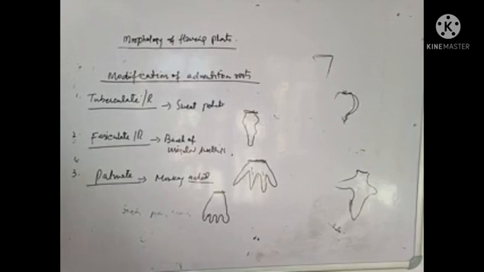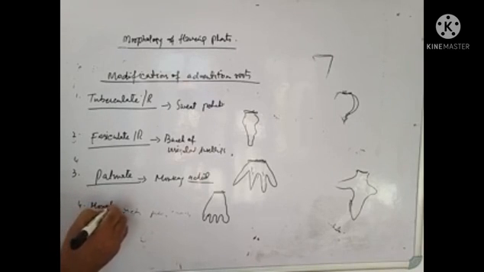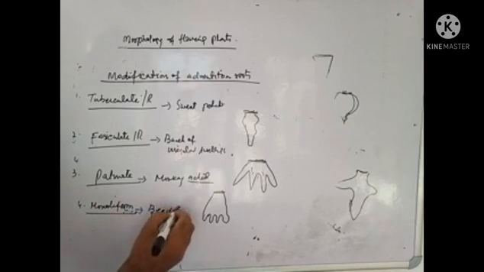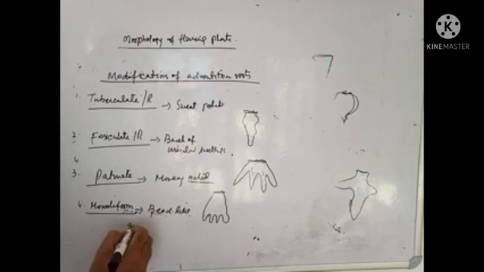One more modification in adventitious roots is moniliform. Moniliform means bead-like appearance.